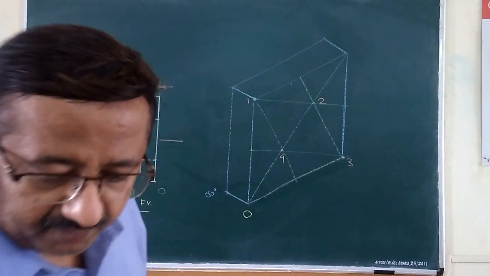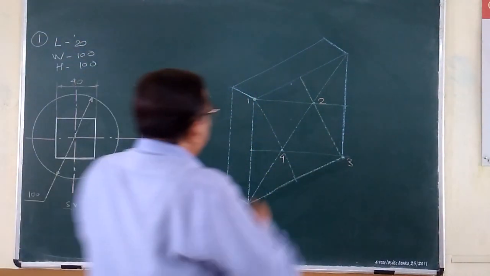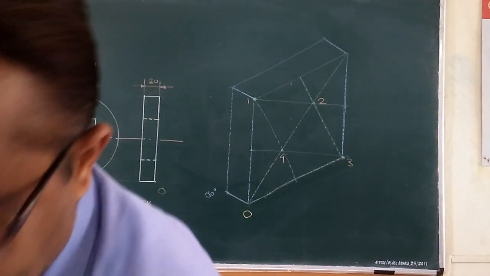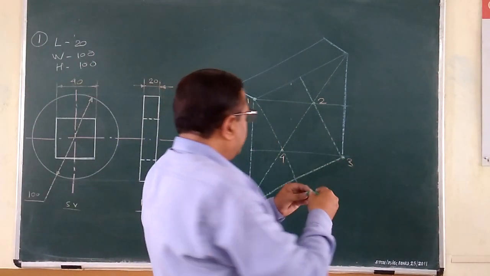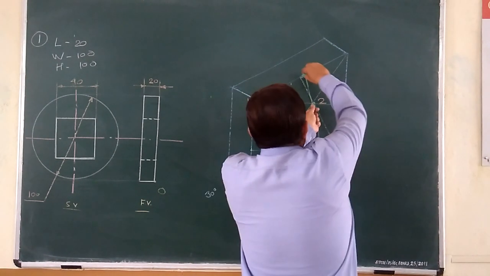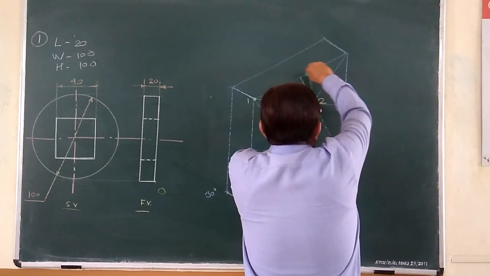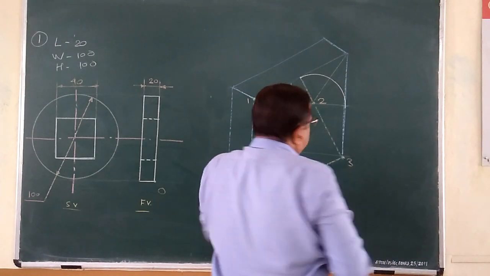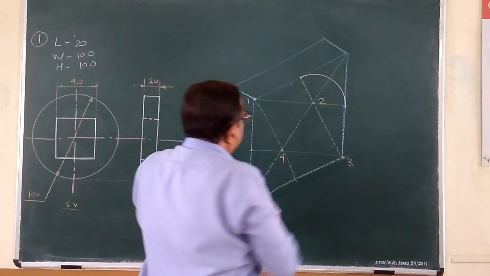Now with the help of these four centers, we have to finish that ellipse carrying 100 mm diameter. So this is one quarter of the ellipse I have constructed.